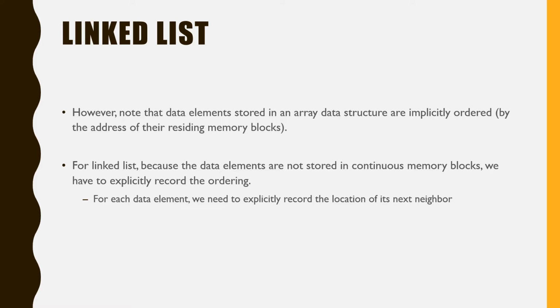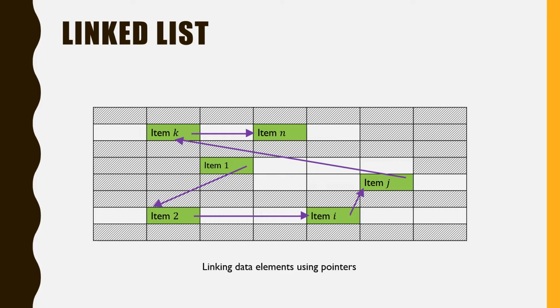For example, in data element 1, we store the actual data content and the location of data element 2. And in data element 2, we store the actual data content and the location of data element 3, and so on and so forth. In this case, the data elements are actually linked by those purple pointers. This is where the name linked list comes from.